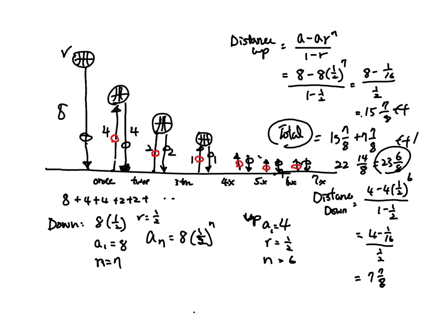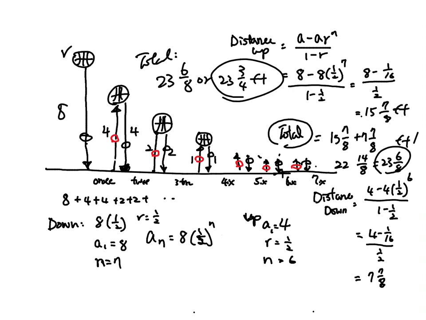So basically 23 and 6/8 feet. All right. So 23 and 3/4 feet is the total distance that the ball traveled up and down.